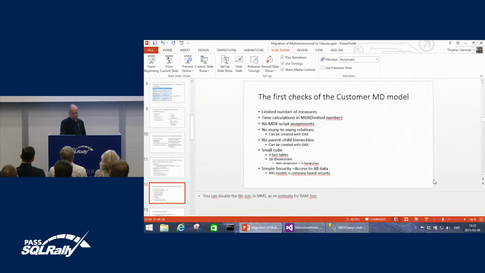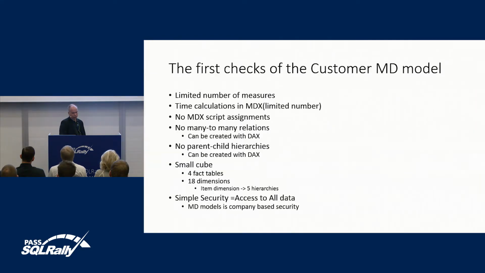So let's go back to the customer. What happened here? Now it's time to figure out if it's possible to move the model over from multidimensional to Tabular. And the thing that made it possible here was that they had a limited number of measures.